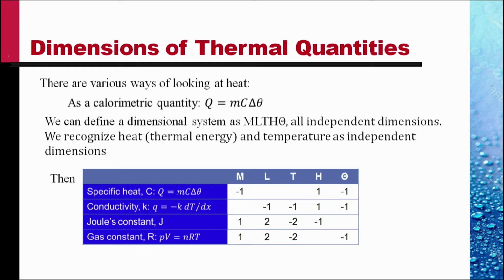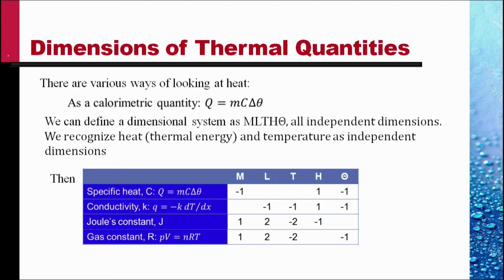In all heat transfer problems, the actual value of temperature is quite meaningless. It is only the temperature difference that matters, the change in temperature. Heat, the energy that flows because of temperature difference, is directly related to the temperature difference. So we use delta theta, and delta theta is the temperature to which we give a dimension capital theta.